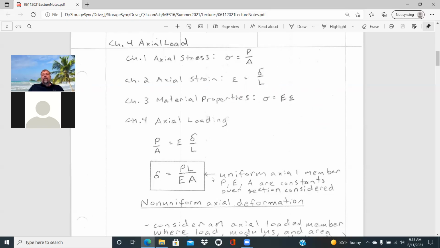And again, this applies for a uniform axial member where the load, the Young's modulus, and the area are constants over the section considered. If you have variable cross-section or loading, that type of thing, then this would expand into an integral expression that you'd have to do to solve for that resulting displacement. For all these things constant, it collapses down into this form.